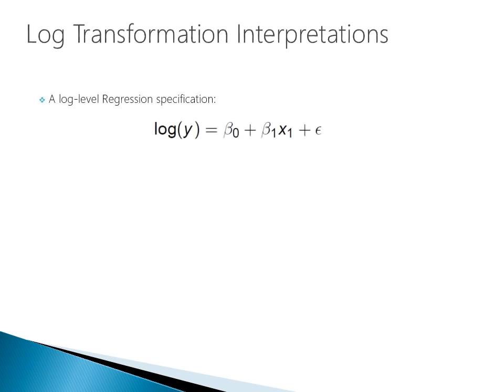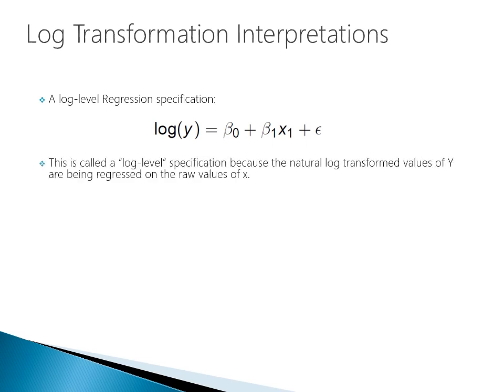A log-level regression specification is a little different. It's called a log-level specification because we're now taking the logarithm of y and then keeping all of the other variables constant. So it's called log-level because the natural log transformed values of y are being regressed on the raw values of x.